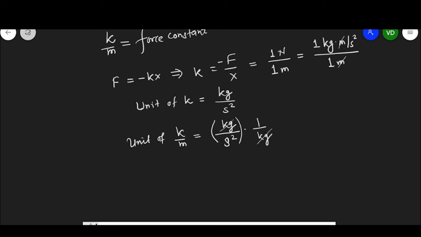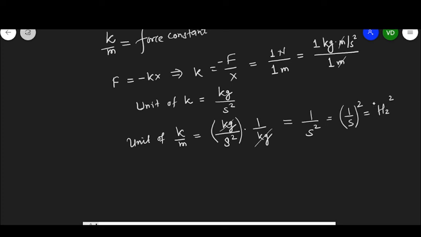So this gets cancelled out, and therefore we get 1 divided by second square. Now what is this? I will write it like this, 1 by second whole square. Why am I writing like this? Because we know 1 by second is the frequency unit, hertz, and this is hertz square.